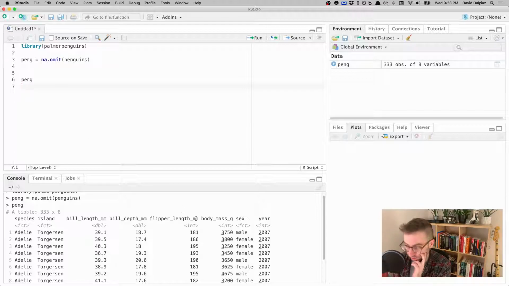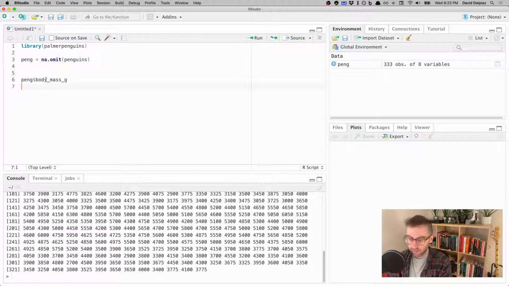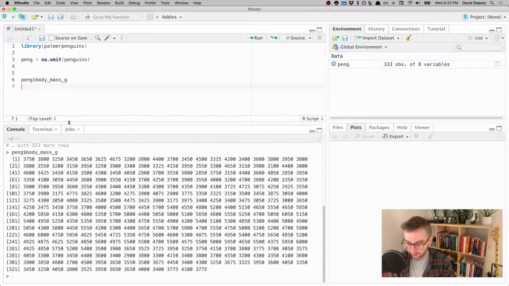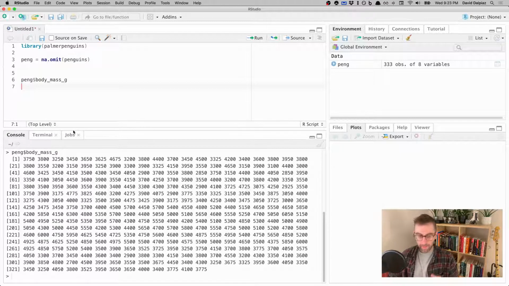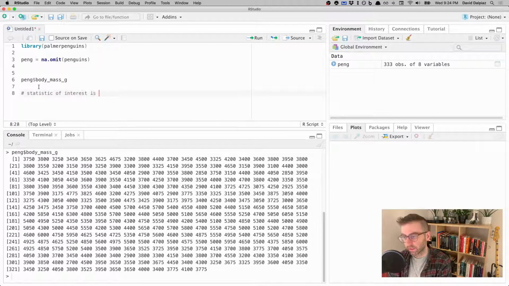I'm going to focus on this variable, which is the body mass in grams of these penguins. And I'm going to say our statistic of interest is the sample median. And so our parameter of interest is the population median.